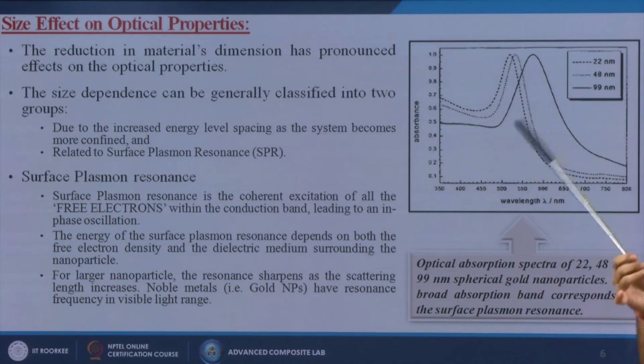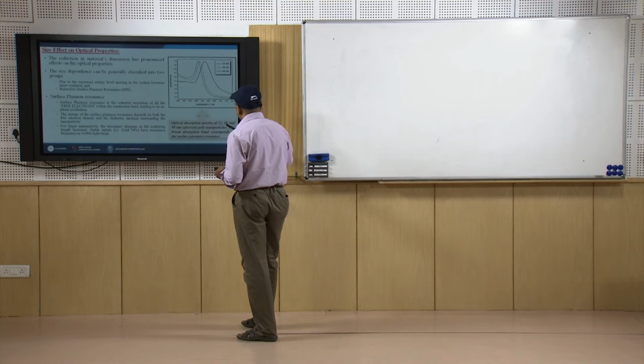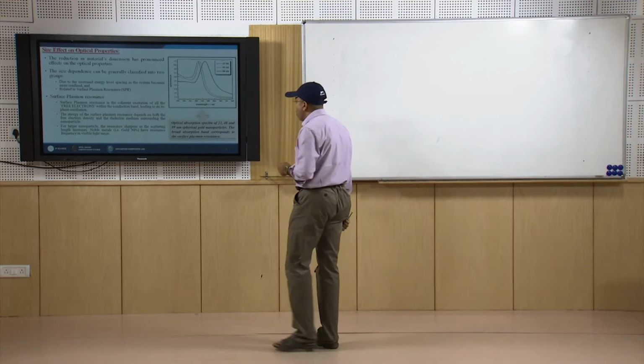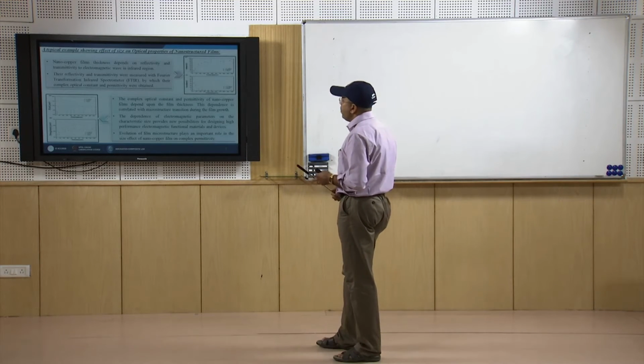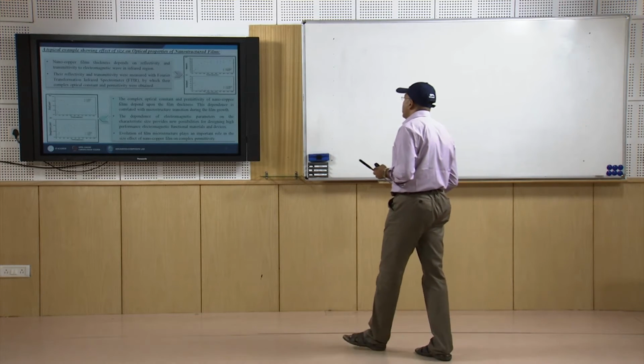That means the wavelength of that particular material is increasing. This is the optical absorption spectra of 22, 48 and 99 nanometer spherical gold nanoparticles; the broad absorption band corresponds to the surface plasmon resonance.